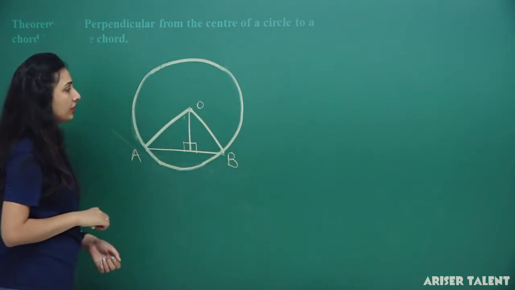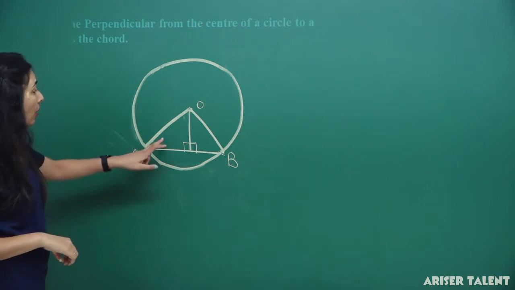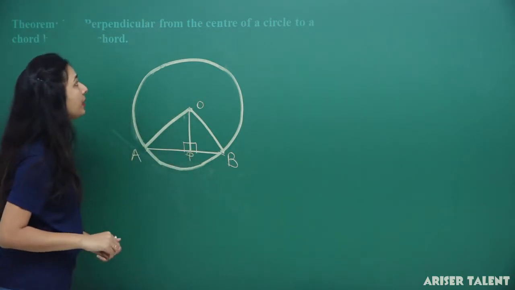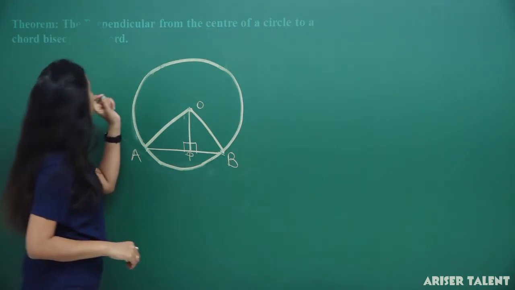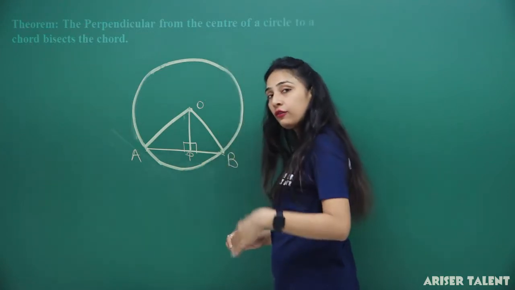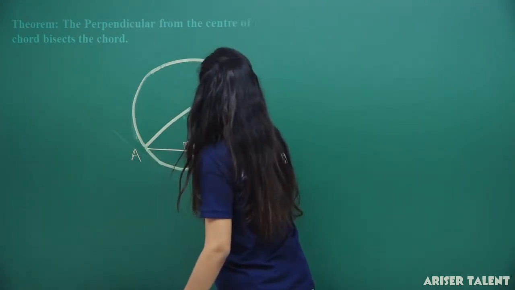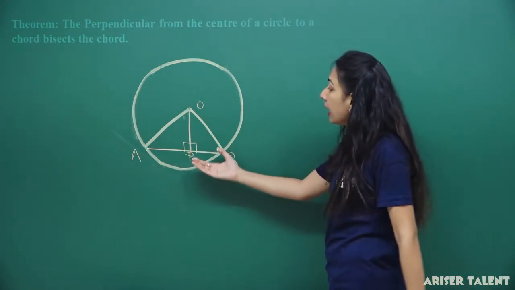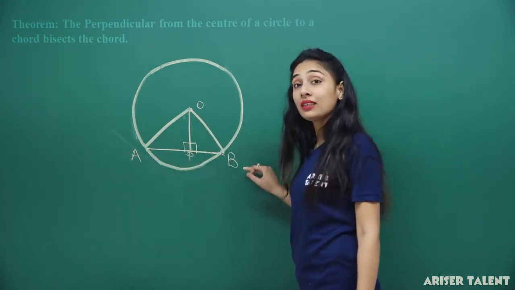I will draw lines here also. Now I am having this point O, and this perpendicular meets the chord at point P. It's saying that the perpendicular to a chord bisects the chord. That means we have to prove that AP is equal to PB, because if AP equals PB, then only this perpendicular will bisect this chord.